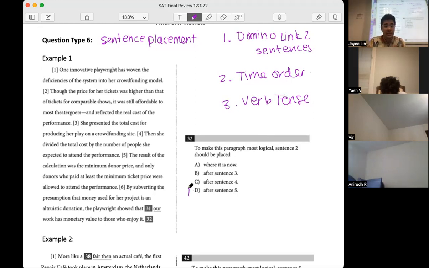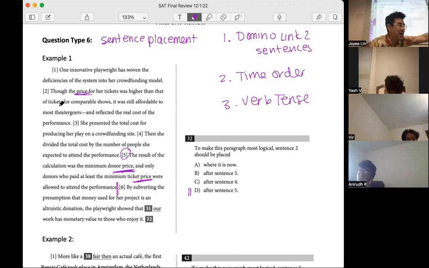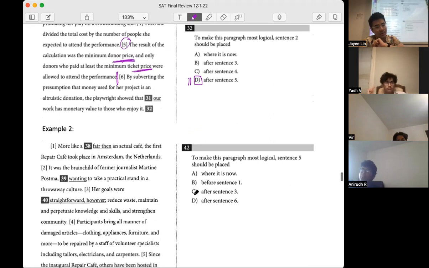D, right? After sentence 5, after means we're going to put it here. And this one we use the domino thing. It says the result of her calculation was the minimum donor price, and only donors who paid the minimum price were allowed to attend. Though the price for her tickets, sometimes it's that easy. You find the word or synonym very similar and you link them together. You can't say though the price without establishing the word price first. So that's the easy method. This one's a harder version.